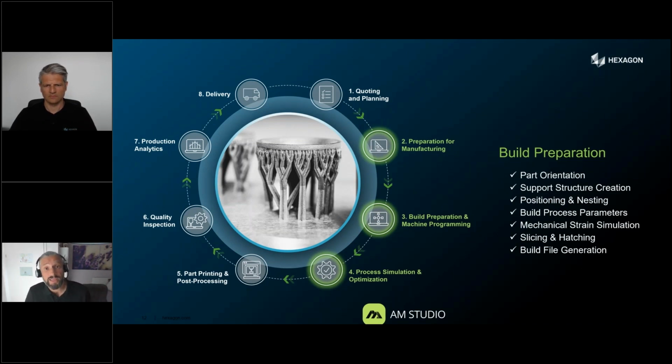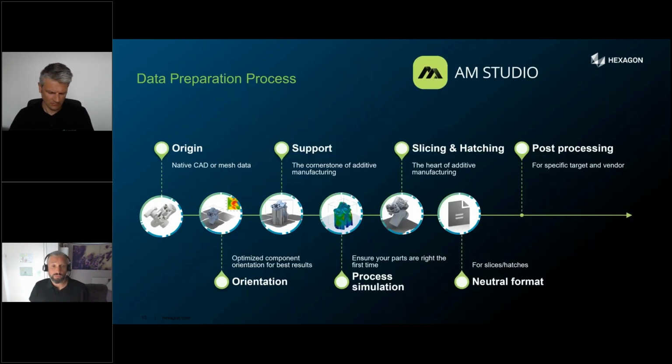The topic of today is from preparation for manufacturing till the process simulation and optimization. In the next seminar, we also will dive deeper into the process simulations because it's a series of 3 seminars, also available on our next webinars as well.